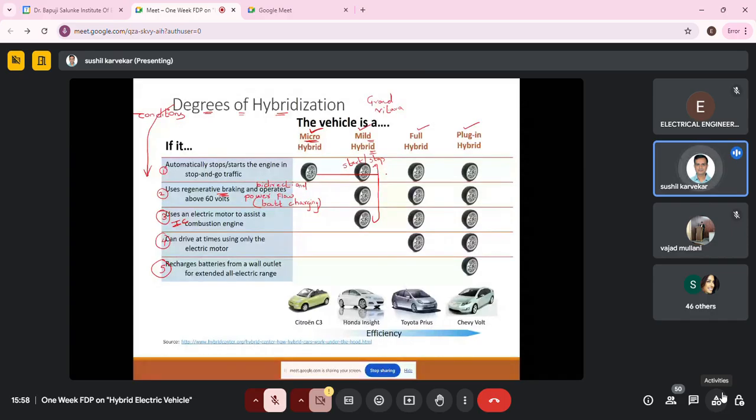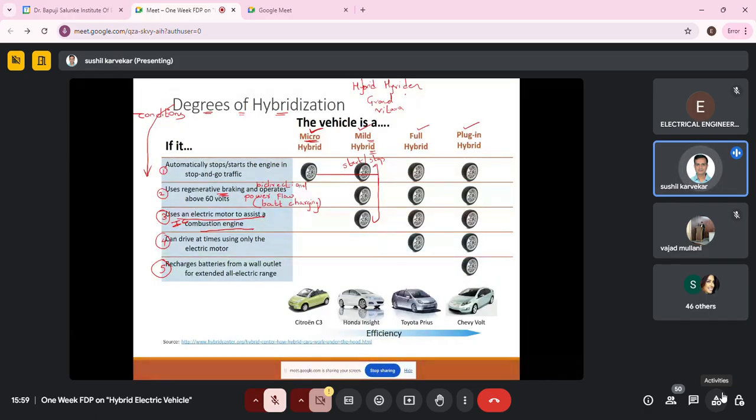These two cars are mild hybrids, as I said. The High Rider from Toyota and the Grand Vitara, both of them have improved fuel efficiency. When we use mild hybrid vehicles, an electric motor assists the combustion engine.